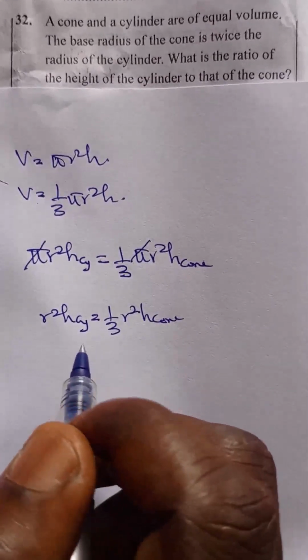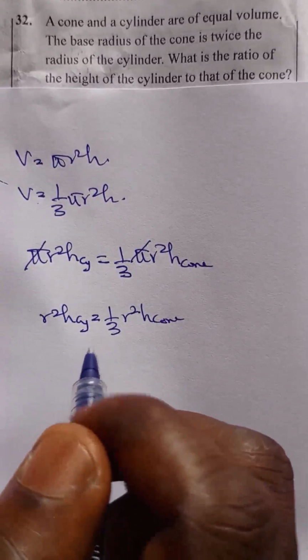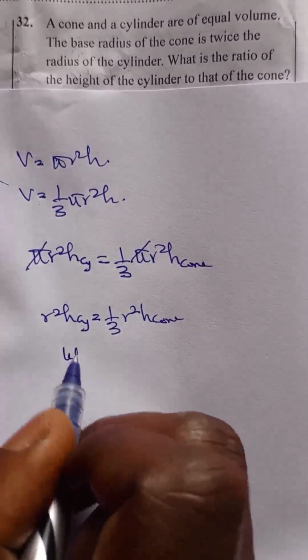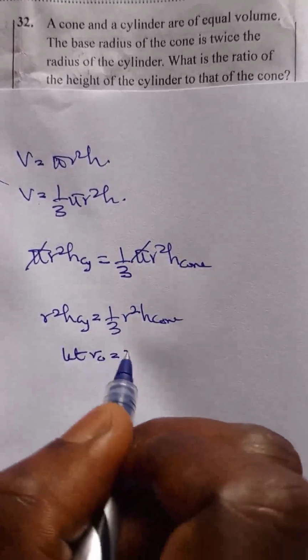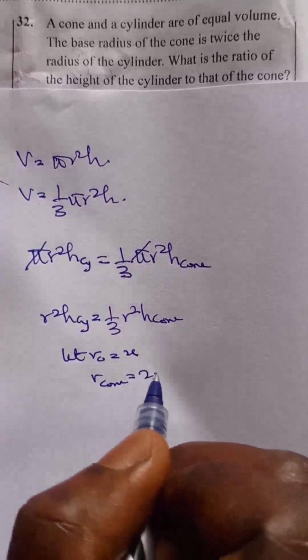From the question, you are given that the base radius of a cone is twice that of the cylinder. So let radius of cylinder be equal to x. So radius of cone is going to be 2x.